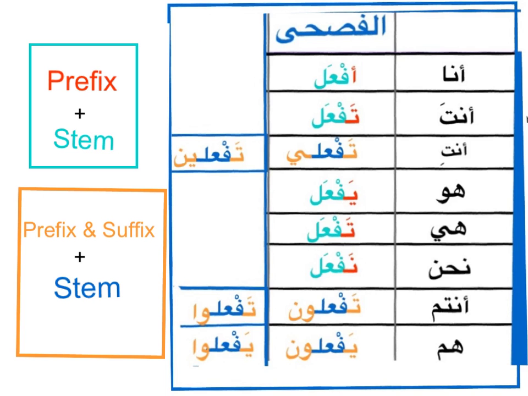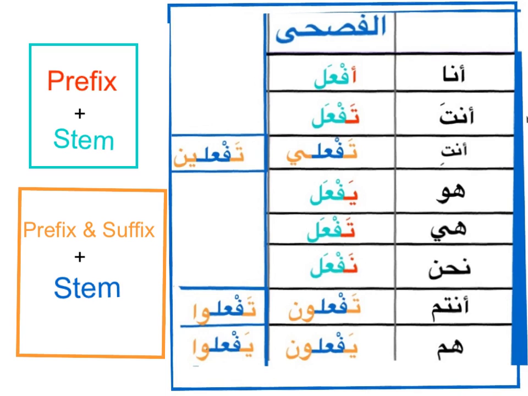So in this chart, we have in فصحى, verb to do, أنا أفعل, I do. So as you can see, we have the stem فعل plus the prefix a for the subject pronoun أنا. Same for أنت تفعل, ت equals أنت. أنتِ تفعلي or تفعلين.